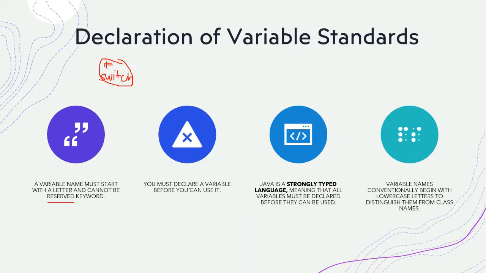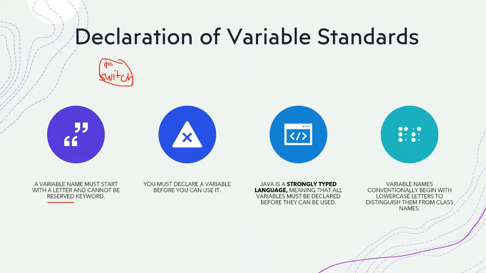You must declare a variable before you can use it. So before we can use age is equal to 5, we have to declare first what is the age, or what is the data type of the age. Java is a strongly typed language, meaning that all variables must be declared before they can be used. Because if you use a variable without declaring it first, it would produce an error, right?